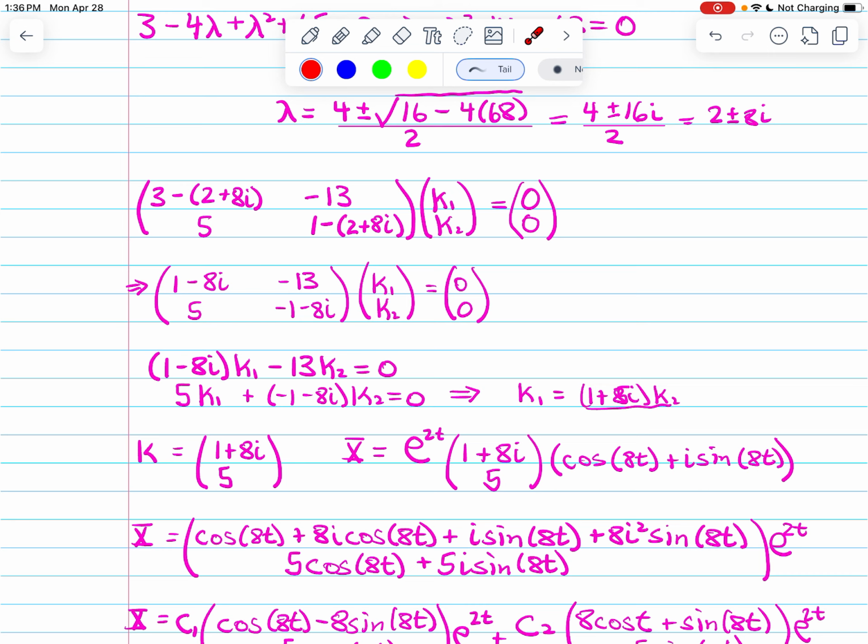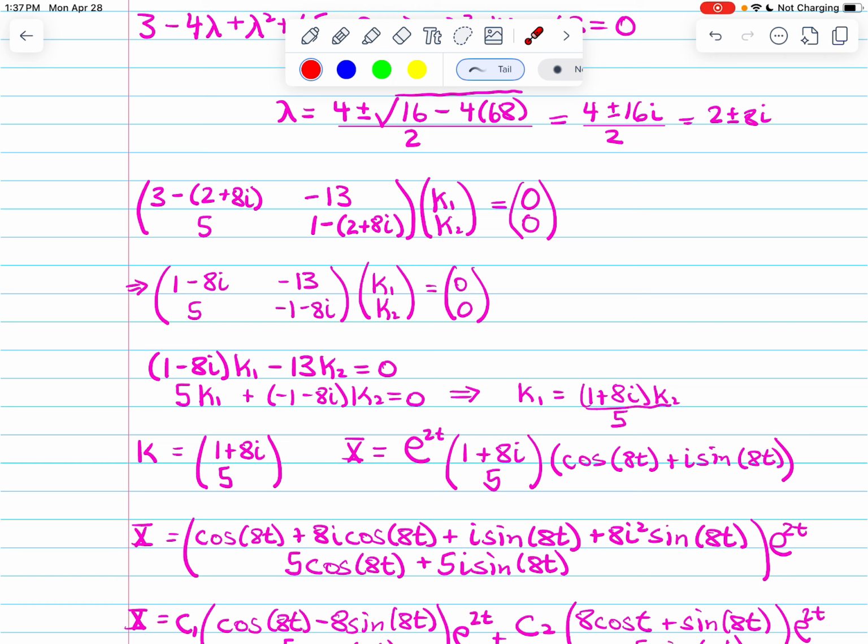Okay, so here is k1. Now, I've got a 5 down here. Hang on, it looks like this is 8i, and yeah, okay, I don't know what happened there. Okay, so now I've got this right here, and I just need to let k2 be something.